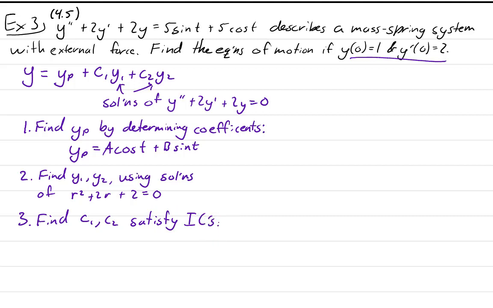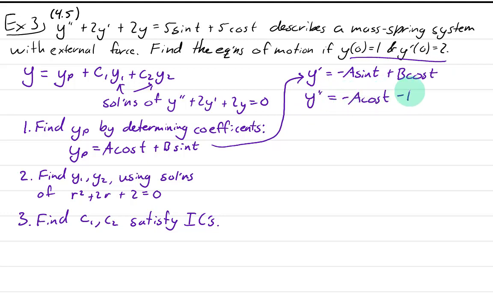All right, so let's get started by determining the coefficients that will make this work. So the y prime here is going to be negative a times sine t, that's the derivative of a cosine t, plus b cosine t, and then the derivative of that will be negative a cosine t minus b sine t.